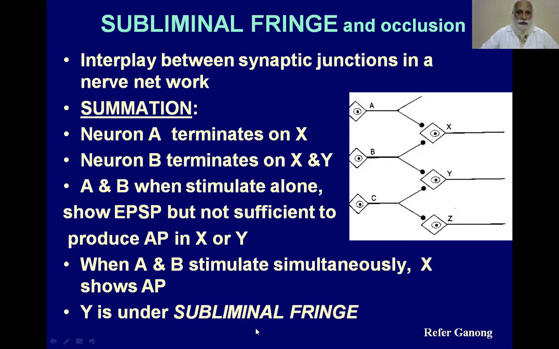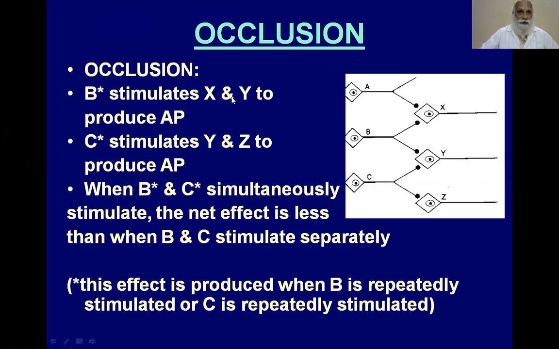So it is in the subliminal fringe. So Y is in the subliminal fringe and the X is in the occlusion. So we are talking about the subliminal fringe first. And then occlusion, you can show it more clearly if you use repeated stimulation.